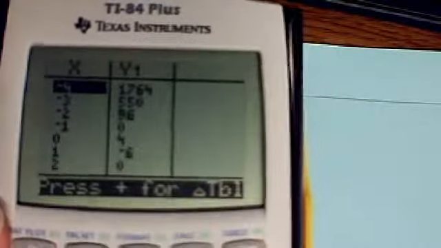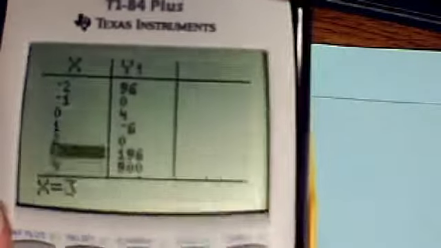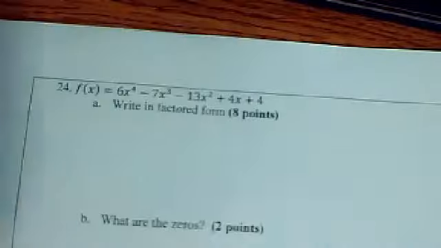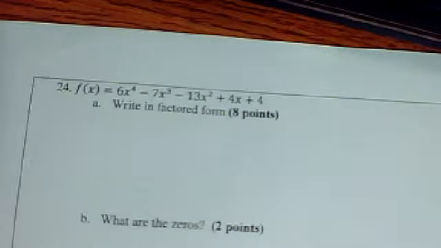If I look at my table, I can actually find some of my roots: negative 1 and 2. I can also see my y-intercept, so I'm going to go ahead and mark that on my graph. 0, 4 is my y-intercept.